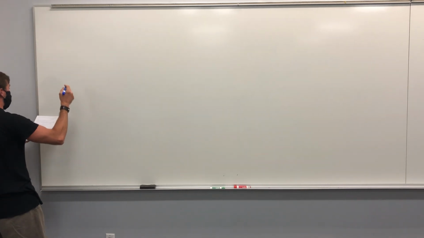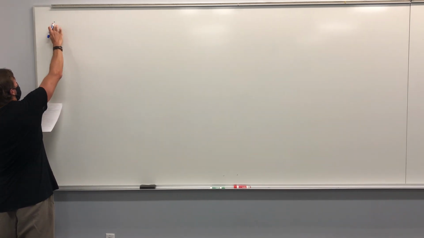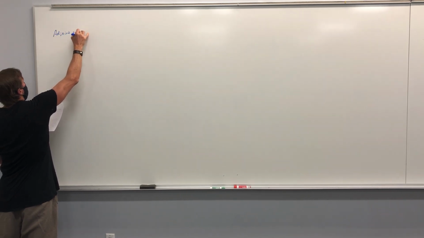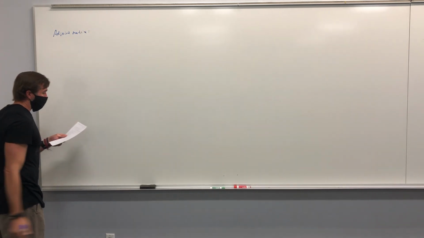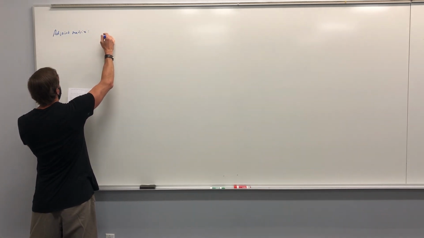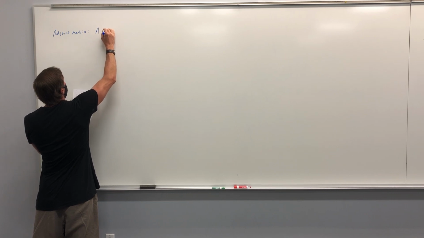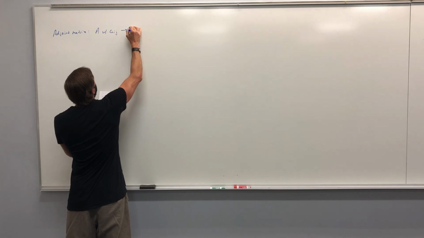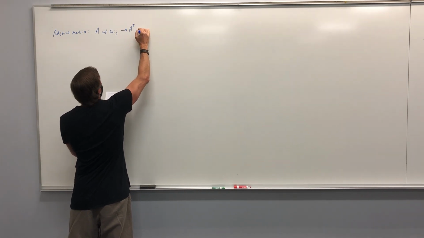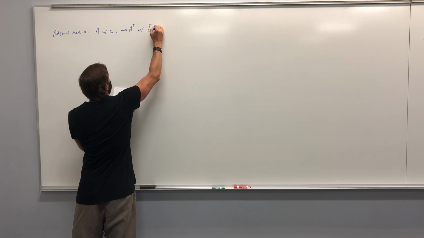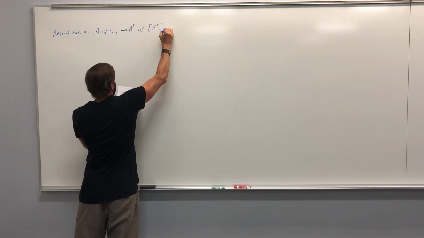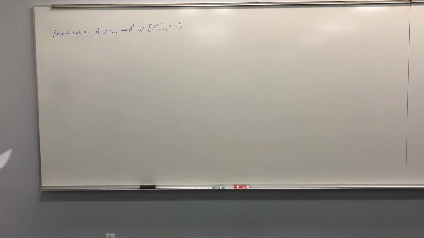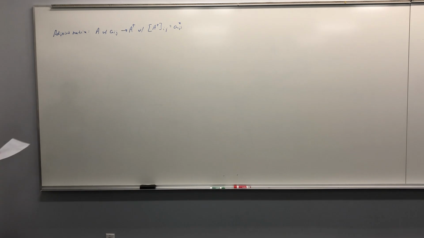So, recall the definition of an adjoint matrix, which is largely what I've been playing with already. So A with elements A_ij gives rise to the adjoint A dagger with elements A dagger_ij being the complex conjugate of the transposed element of the original matrix A. Okay?